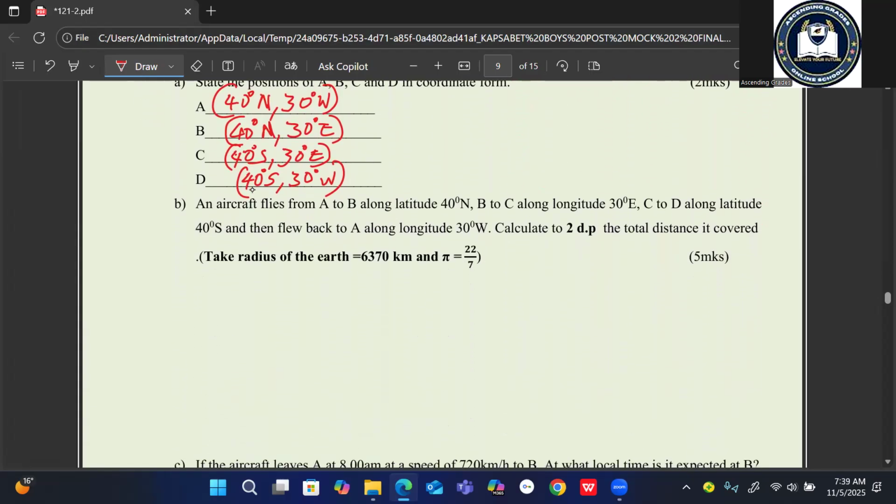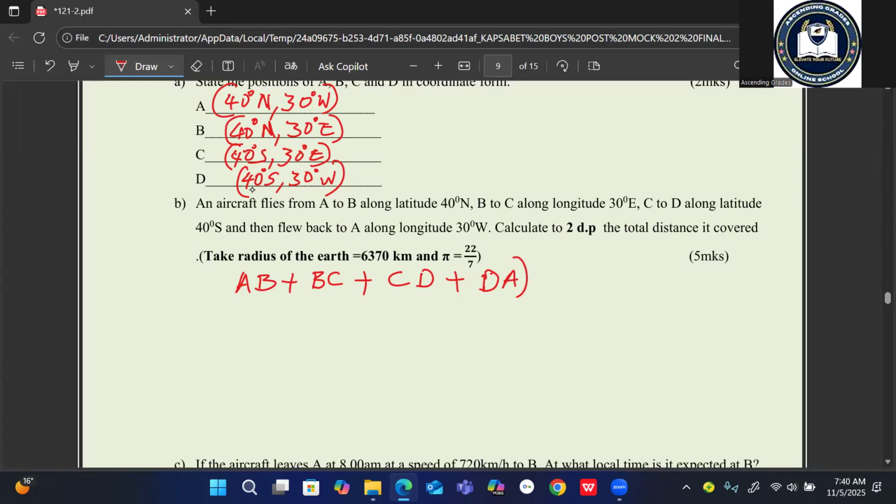So it means that we have to calculate the total distance: AB plus BC plus CD, and then it flew back to A, from D to A, DA.